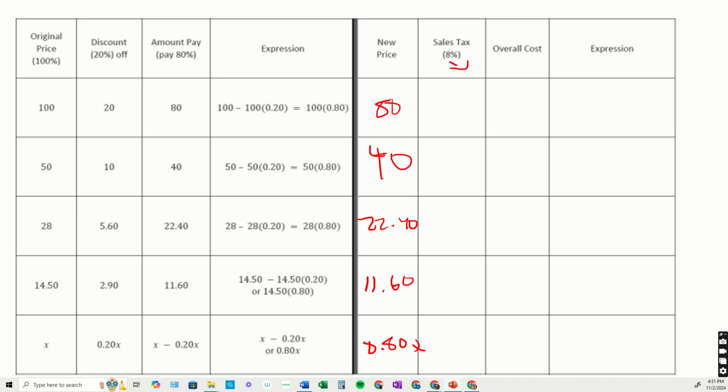8% as a decimal is 0.08. So we're going to take each one of these pieces here, multiply it by 0.08, and then we'll add that into the overall cost.